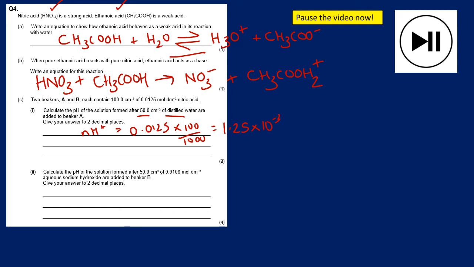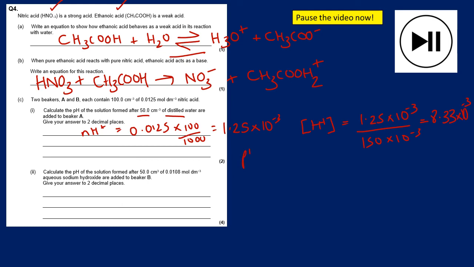And now I'm going to find the H plus concentration, which is the moles over volume. So we've just worked out the moles, and the volume now is 150, so it's 150 over 1,000. That's the H plus concentration, which I have as 8.33 times 10 to the minus 3.